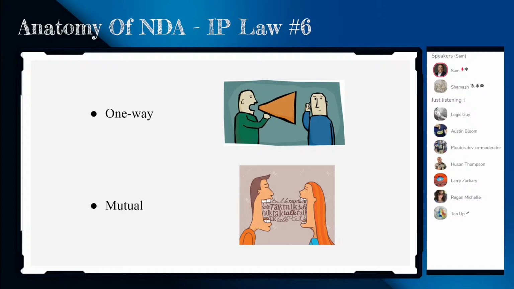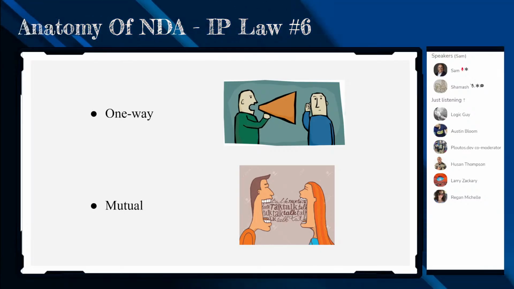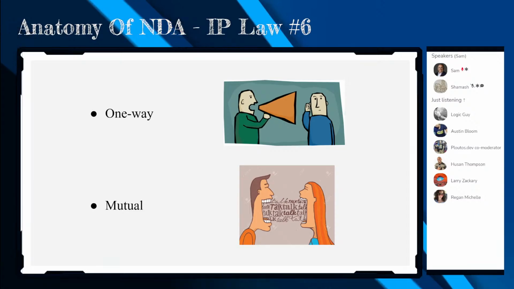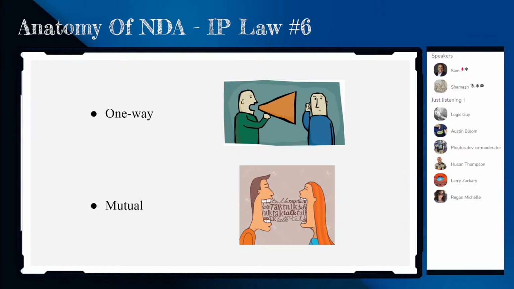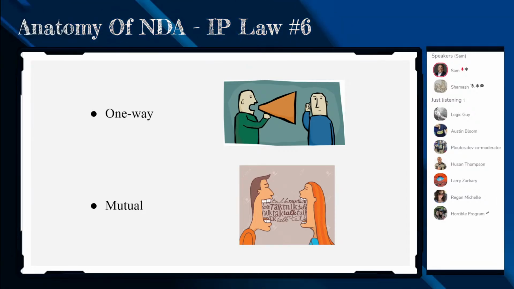Usually when you're dealing with a large company and you're a small company, they would ask that you sign a one-way agreement, because they don't want to be responsible for any information that they give you. They just say, yes, whatever you're telling us, we're keeping it secret.